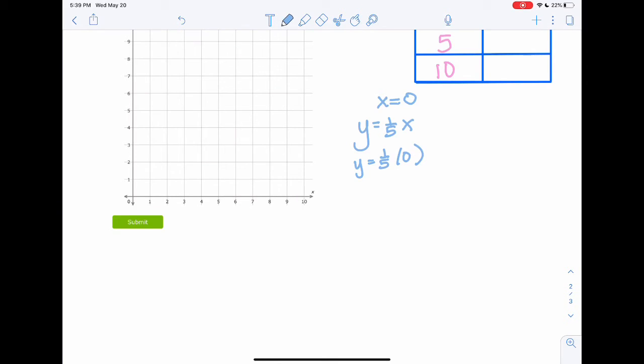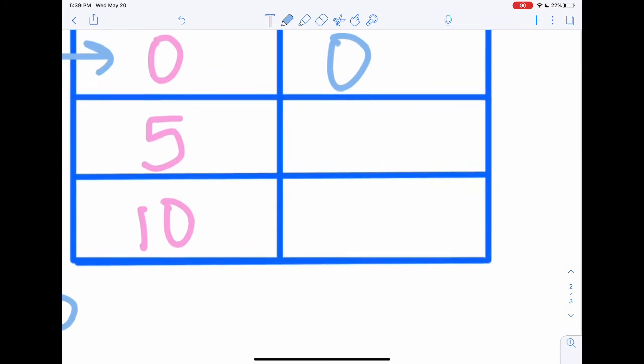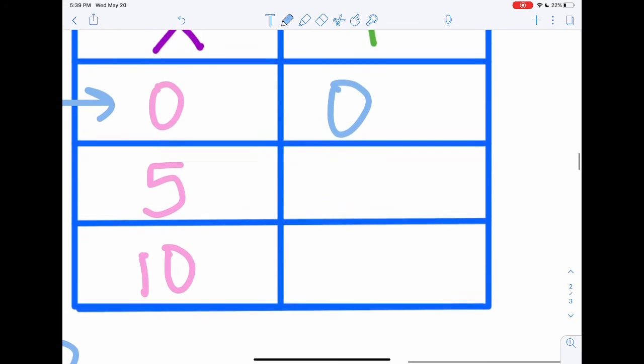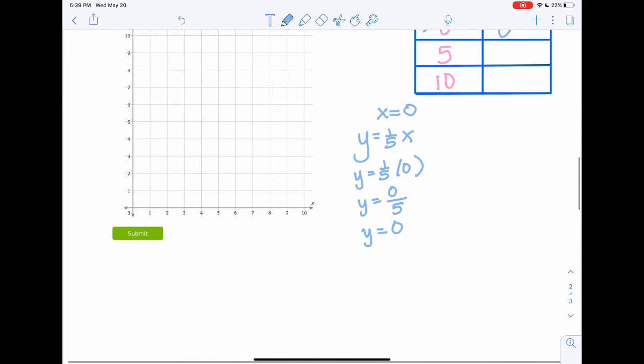So y equals 1 times 0, which is 0. 0 divided by 5, that is still 0. Or you could have been like, well, anything times 0 is 0, so we could have skipped this step and been, all right, it's going to be 0. All right, so right here, I'm going to write 0, and that means that my point is going to be 0, 0. So then I'm going to graph it, 0, 0.